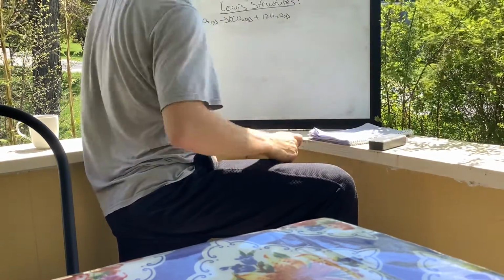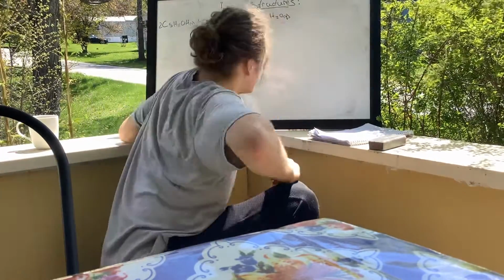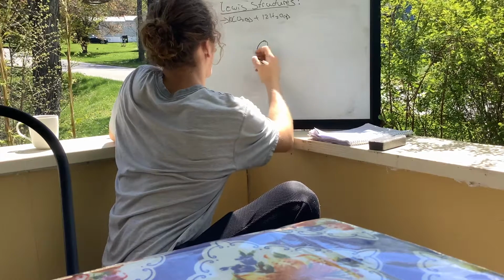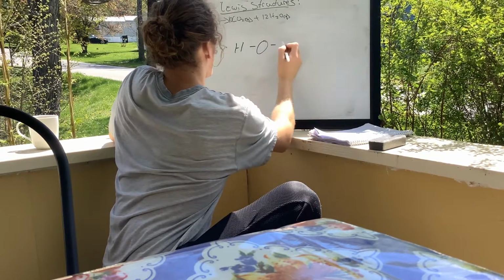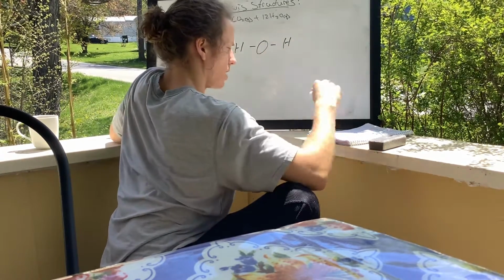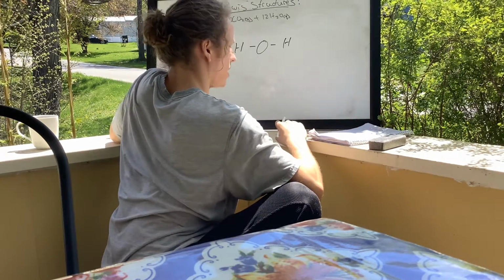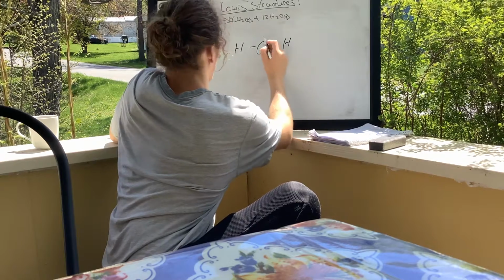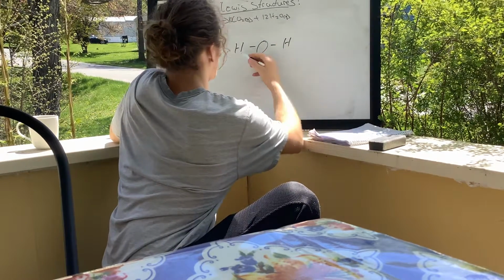So the next one we're going to do is H2O, which is O as the central atom, and hydrogen, and that's going to look like 2 electrons. So what do we want? We want 2 per hydrogen, right?